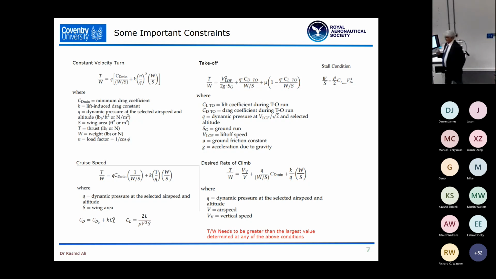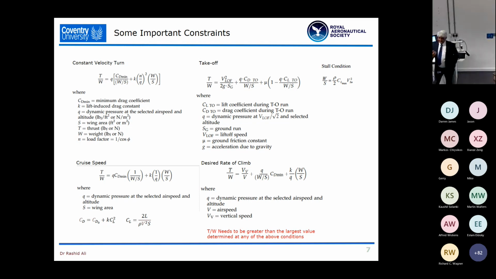The reason why we need, at this stage of the design process, to look at these constraints is to ensure that we have adequate power available to perform the mission. Now, for example, you might find that the thrust loading required for cruise is too high, whereas if you've chosen a low enough value, you might not have the ability to cruise at the desired speed.